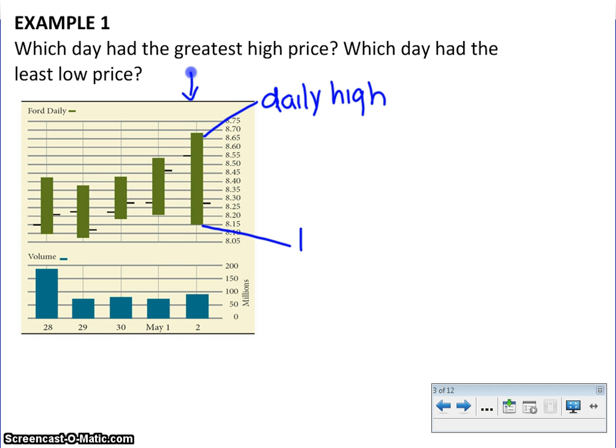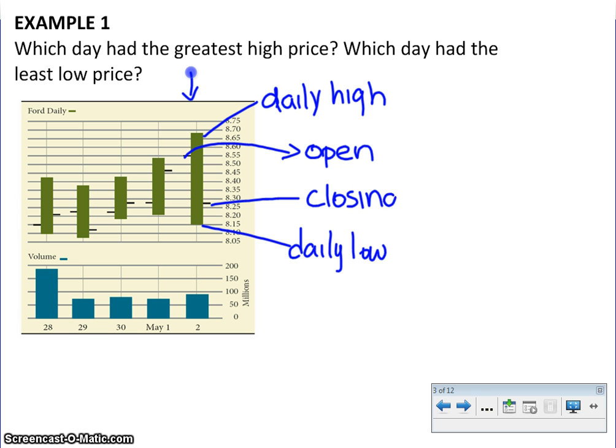Here is the daily low. The bar on the left-hand side is the opening price, and the bar on the right-hand side is the closing price.